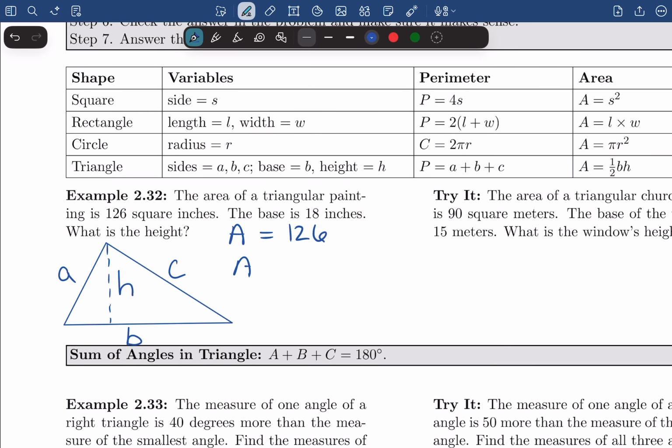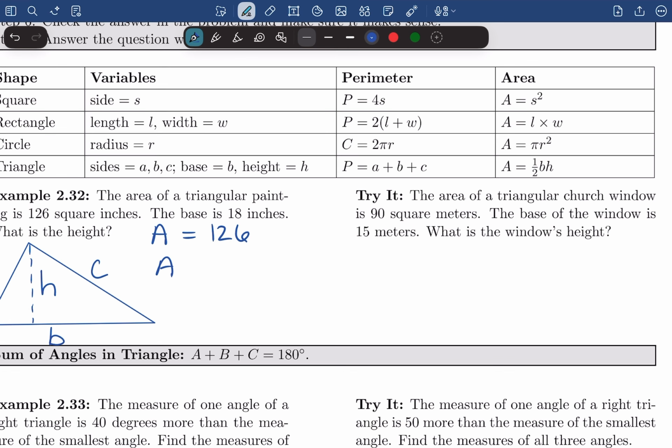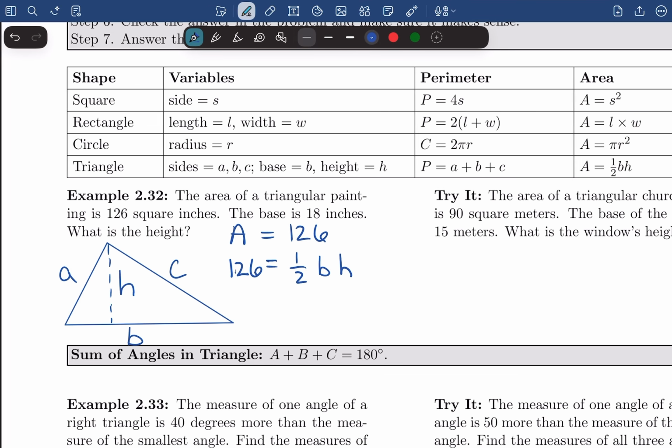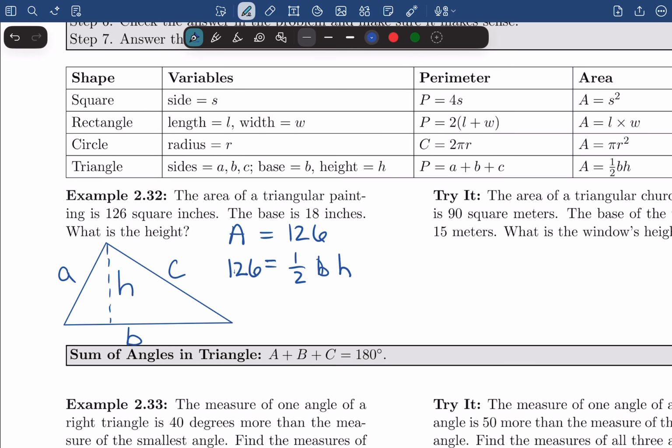Now, you'll also recall from our formulas up above that area equals 1/2 times base times height. Since the area equals 126, I can replace A with 126. Now, I also know that the base is 18 inches, so I can replace base with 18.